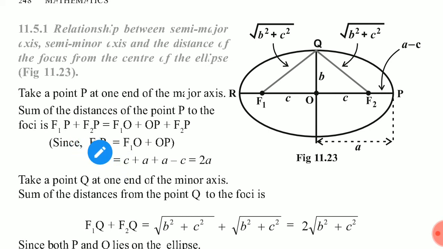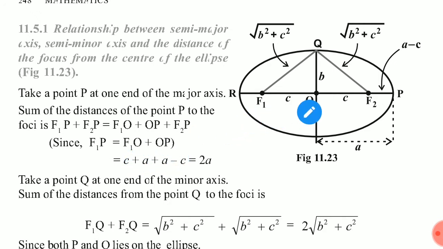You can calculate that F1P plus F2P: F1P you break into the distances F1O plus OP, and F2P is written the same.